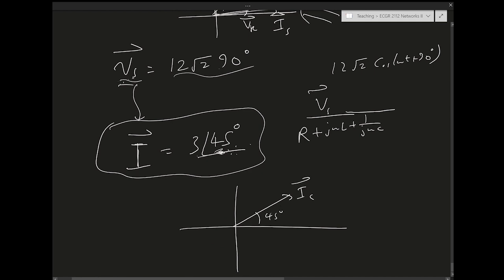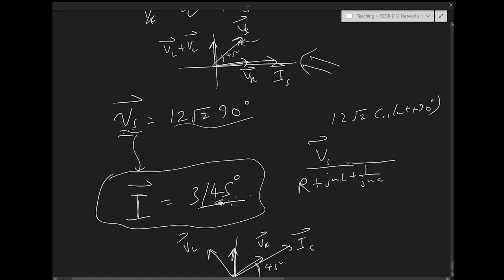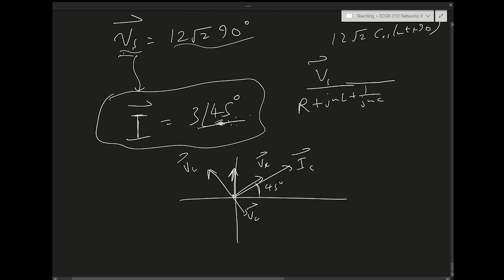So we end up with the same thing: VR, VL, VC, with VC smaller than VL in this case, and VS is going to be 45 degrees plus the actual 45 degrees between I and VR and VS. So we end up with VS being there.